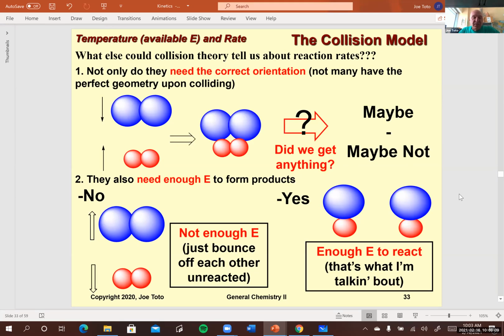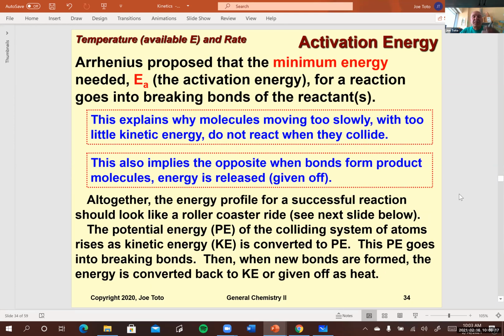Now, just because something collides, it doesn't always react. There's also an energy criterion involved. And so after thinking about the energy criterion, Arrhenius decided that there's really an important energy in a collection of molecules that are about to react.